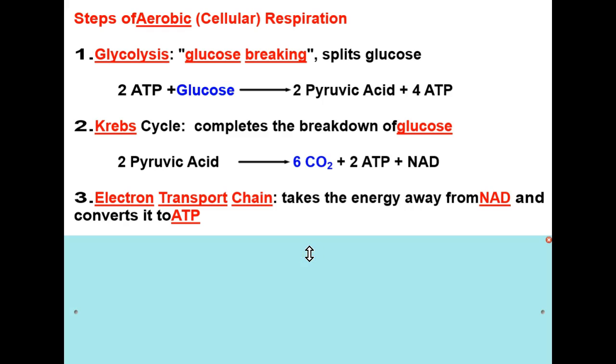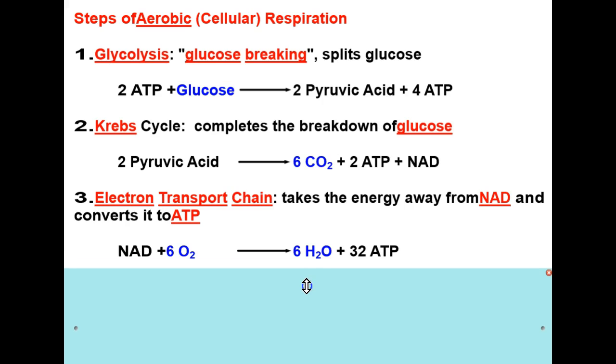In the next step, the electron transport chain takes the energy away from the NADH and converts it to ATP. In this, the NADH is combined with 6 oxygen molecules to form 6 water molecules and 32 ATP molecules.